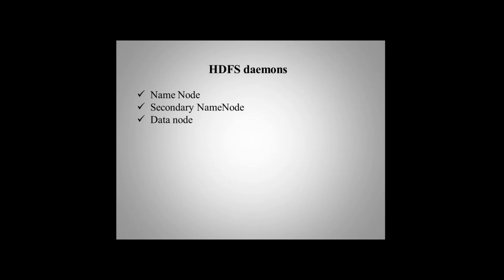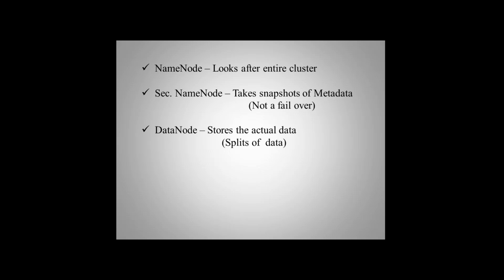So here you can see the name node will be looking after your entire cluster, maintaining the metadata and how many nodes are healthy and how many have failed. So everything will be monitored by the name node itself. And the second name node will be taking the snapshots of the metadata. If your primary name node is down, the second name node will not act as the next name node.